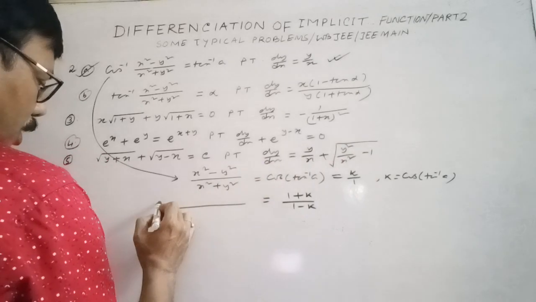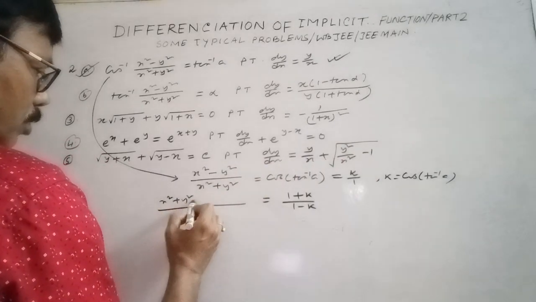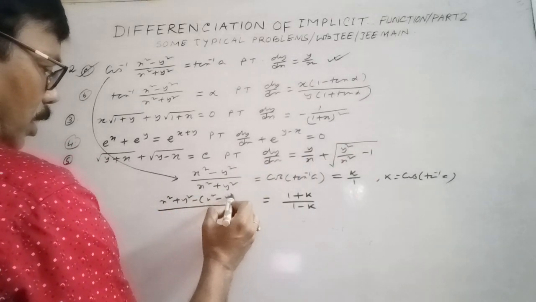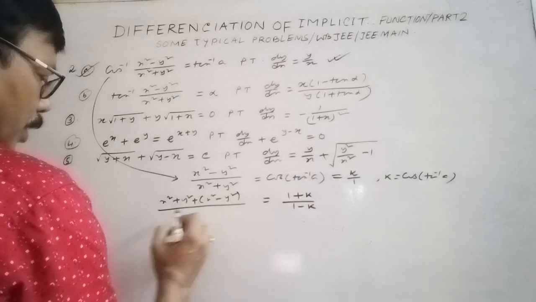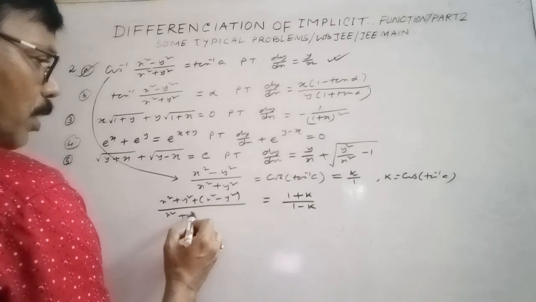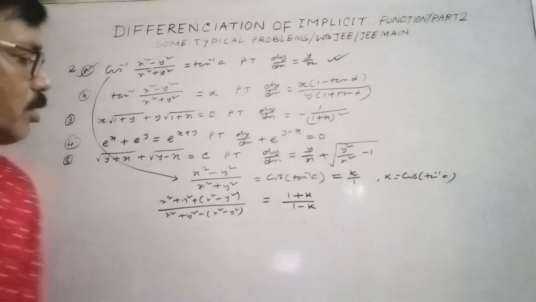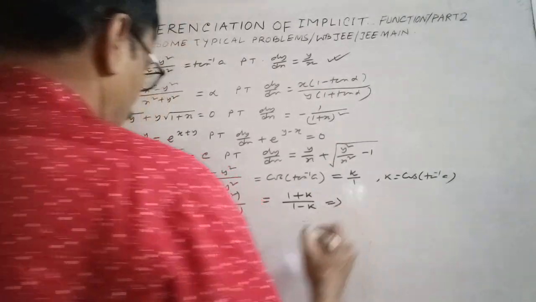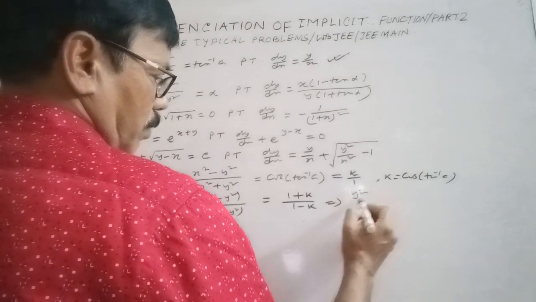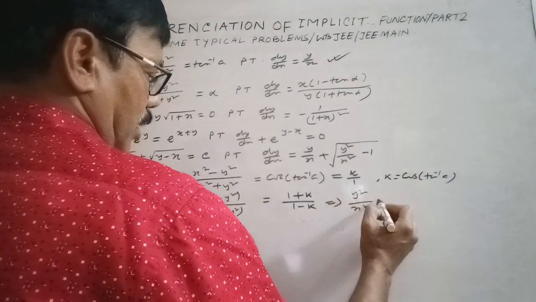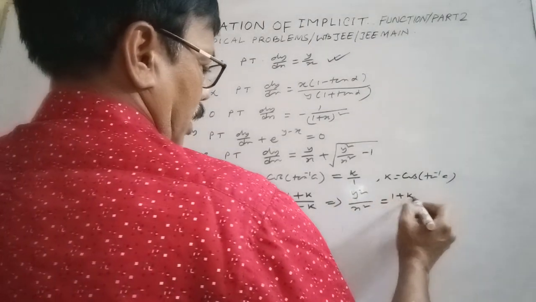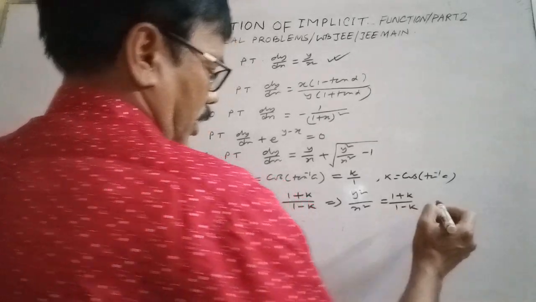Denominator plus numerator: x square plus y square plus x square minus y square. And this is x square plus y square minus x square minus y square. Now this equals y square by x square, 2 cancels, 1 plus k by 1 minus k.